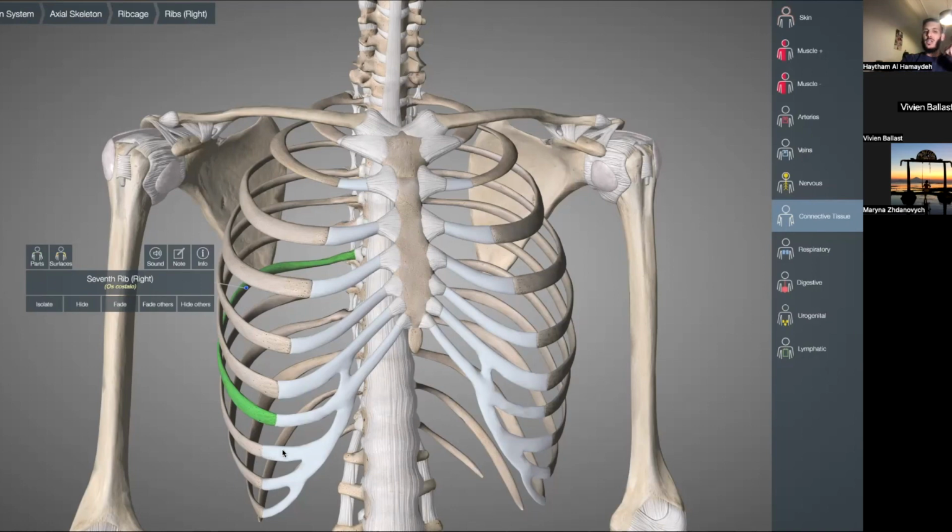So 8 articulates with 7. 9 articulates with 8. 10 articulates with 9. And they articulate with the above rib through costal cartilage, and they do not articulate with the sternum. That's why they're called false ribs.